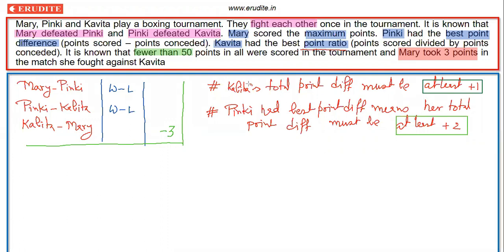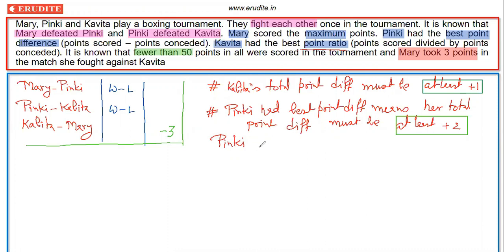Now here the information is that Pinky must beat Kavita by at least 2 points more than what Mary beats Pinky by.